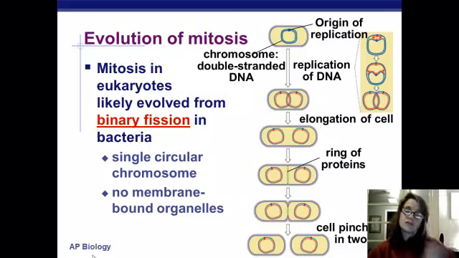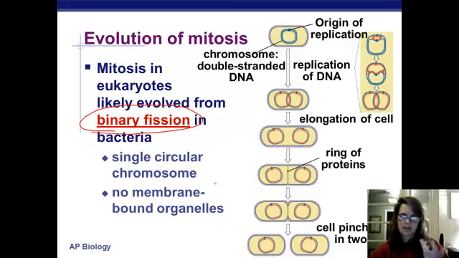Now, mitosis is thought likely to have evolved from the process of binary fission in bacteria. In bacteria, binary fission is not mitosis because there's no nucleus. We're just going to copy the DNA and then split the cell in half. The chromosome is circular.